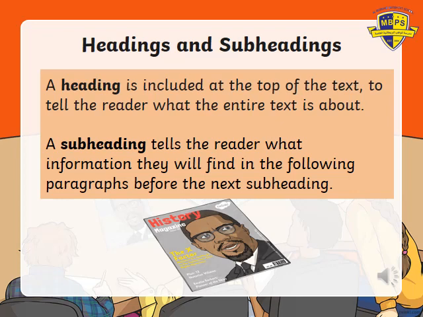A heading helps the reader to find information or tells the reader what the entire text is about. For example, the heading can be germs, like we're going to learn about germs, like what are the different kinds of germs, or how many types of germs are there, or what is the cause of germs, like that.